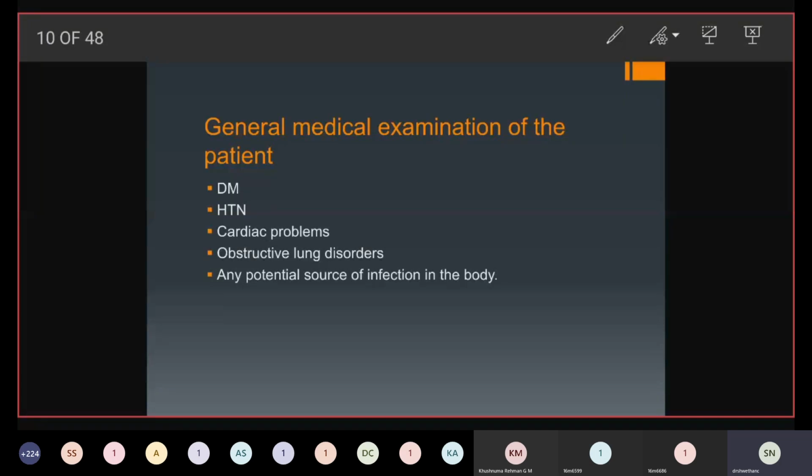Then we have to evaluate for any cardiac problems. Most adult cataracts, we usually perform surgery under local anesthesia. So most of the time, cardiac problems will not pose any problem to the surgery as such.